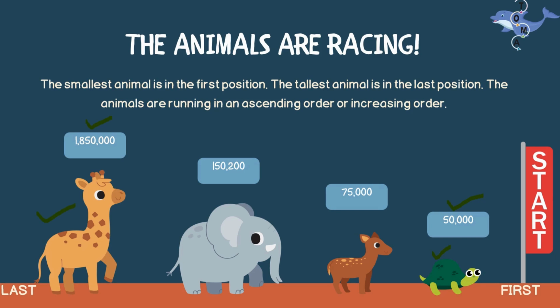So you can say that the animals are running in an ascending order, or in other words, the order is increasing. This one is increasing order. So right now the smallest number over here is 50,000 and this one is the largest number.